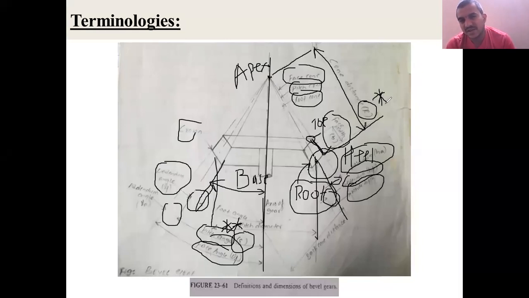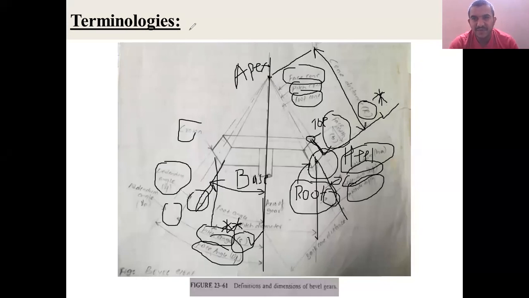The distance from the crown at the base of the bevel gear to the apex is called the cone distance or slant edge, which we represent as R. These are the two important terms: one is pitch angle, another is cone distance.